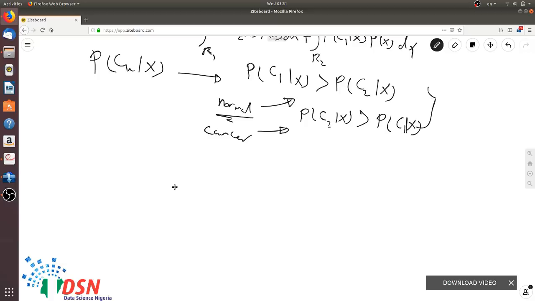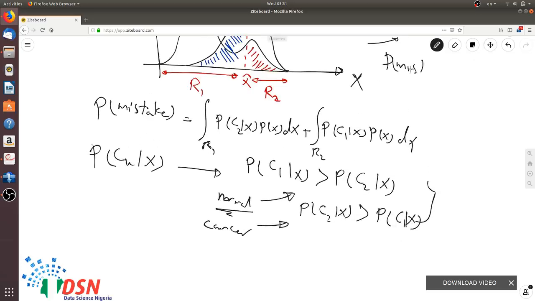Because in the second case, that person just goes for further investigations, but in the first case, the person probably dies because of our mistake. So the weights of making a mistake are not the same in general for different regions.